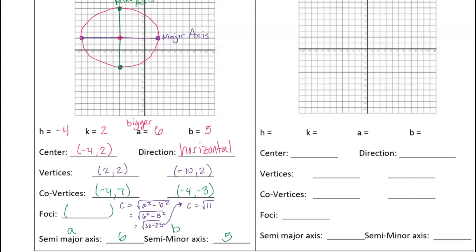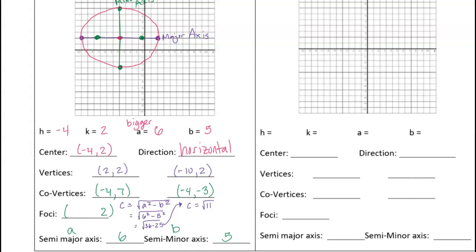Yes, Elise. It's going to have the same Y value, right? If my foci are there, no matter what the X value is, the Y value is still going to be 2. It's on the major axis, so it always has that K value of 2.